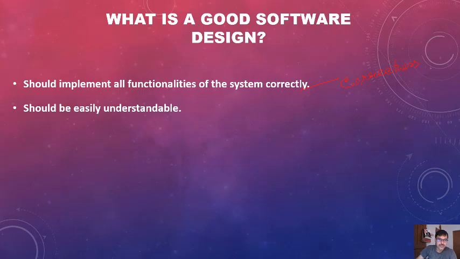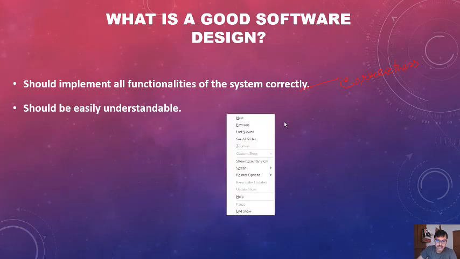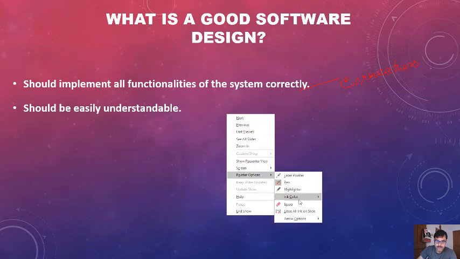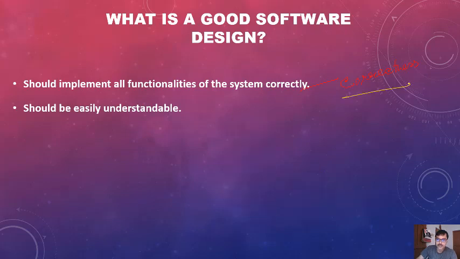It should implement all the functionalities of the system correctly. So all the functionalities of the system should be correct, and if they are correct, then it is a good design.